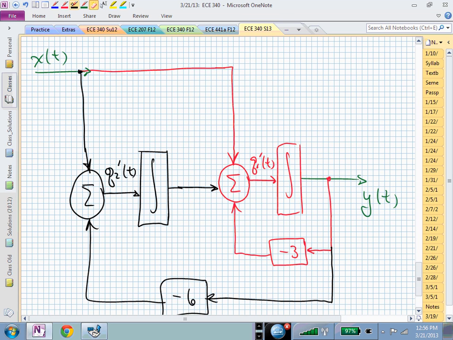Let's say on an exam I didn't label this and I just gave you an integrator with some gains and input and output. Now I say, give me the state space representation for that system. What you would do is you would label the outputs of each integrator as state variables and then build up your state space representation. And to be consistent with what we've done, this would then be Q sub 1, and this would be Q sub 2.